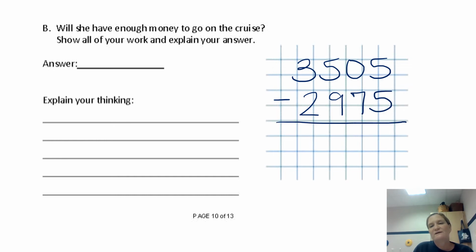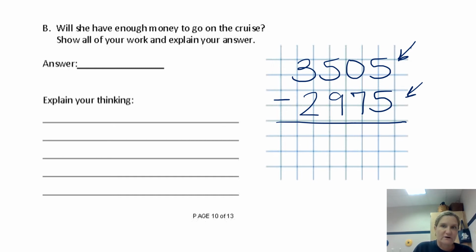And we actually don't need to subtract. We could just compare. Is $3,505 larger than $2,975? And the answer is yes. So because what she has is a larger number than what she needs, she has enough money.